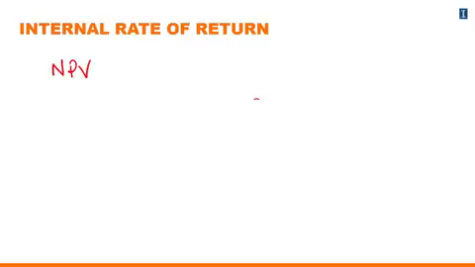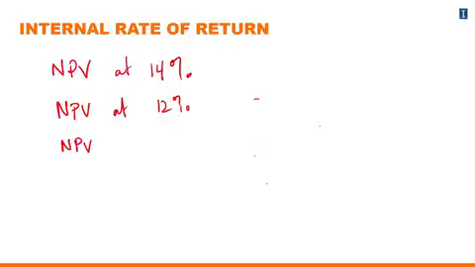Having gone through the previous calculations where I calculated net present value, we're calculating net present value at a different rate this time, say 14%. I would calculate the net present value at 12%. And I would calculate the net present value at 10%.